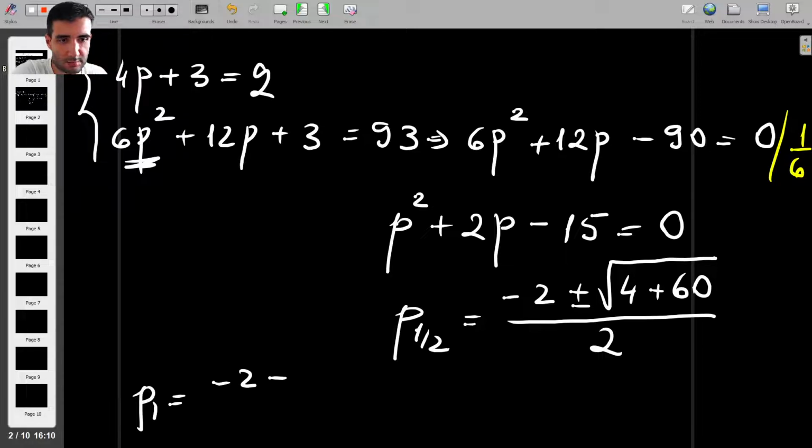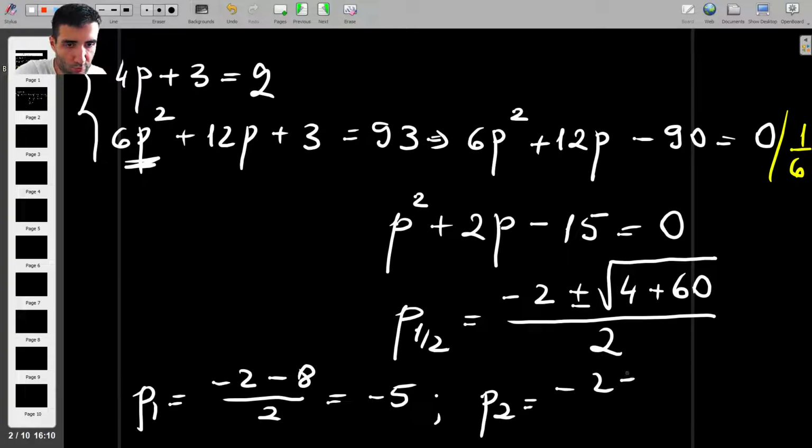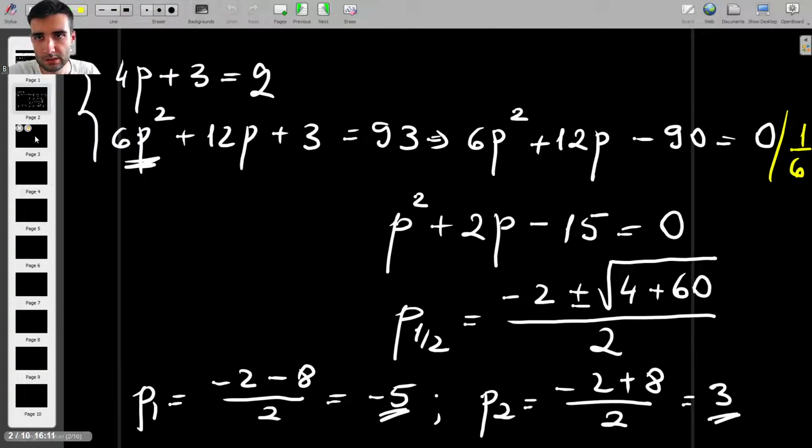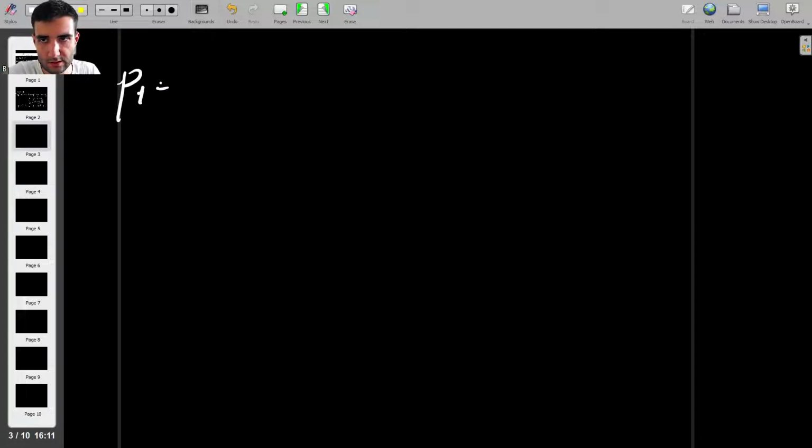That's a nice perfect square. So p1 is minus 2 minus 8 over 2, which is minus 5. And p2 is minus 2 plus 8 over 2, so 6 over 2, which is 3. So we've got two solutions for p.